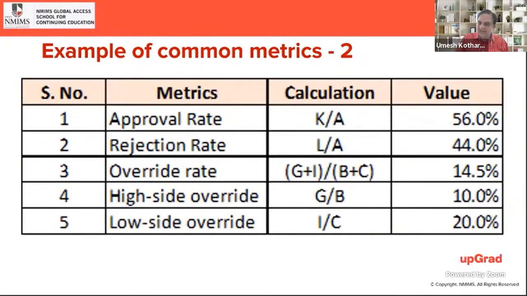Your override rates should be as low as possible. Your low override rate seems to be a little on the higher side at 20%, and therefore I would investigate whether the variables you're using in the model are correct or require a change. My target should be to pump up the approval rates from 5600 to a better calculation, so my override rates get better and my growth targets also get better.